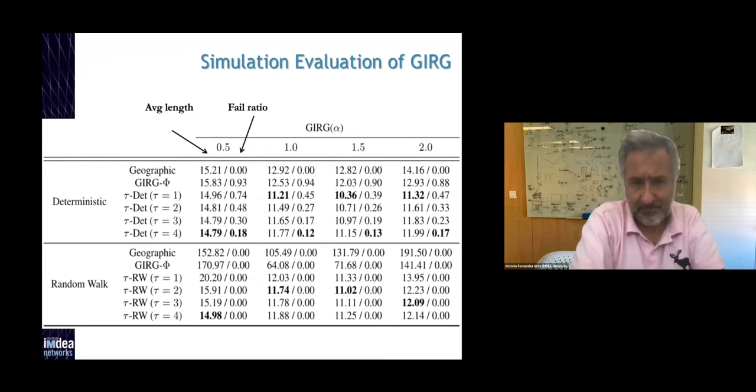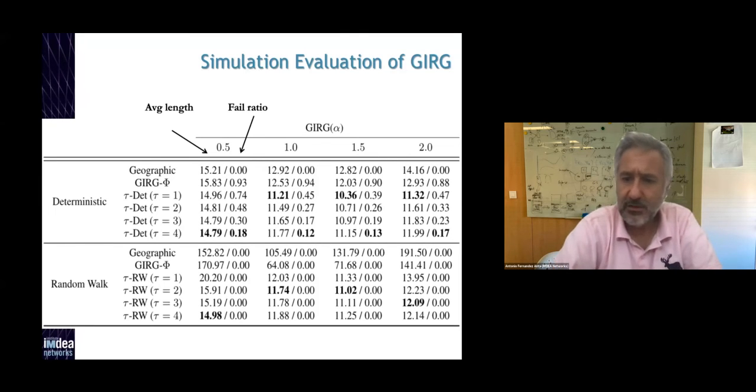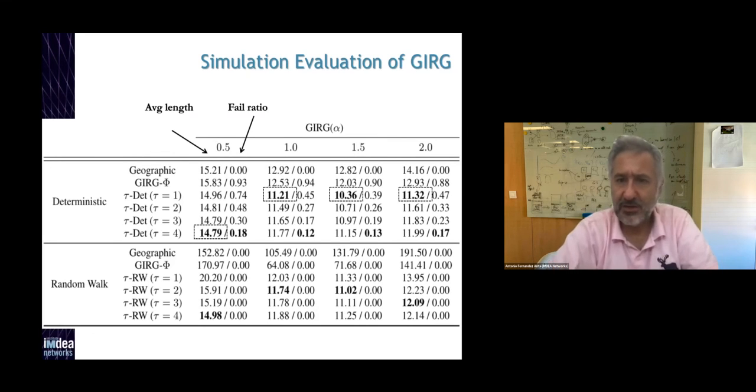As you see, only the deterministic algorithms fail, and random walks, or the probabilistic versions of the routing algorithms, don't fail. The smallest number of hops for every alpha, so every alpha means a different topology, are shown there for the deterministic option. And as you can see, 1.5 seems to be the one that has the smallest, although not a huge difference.